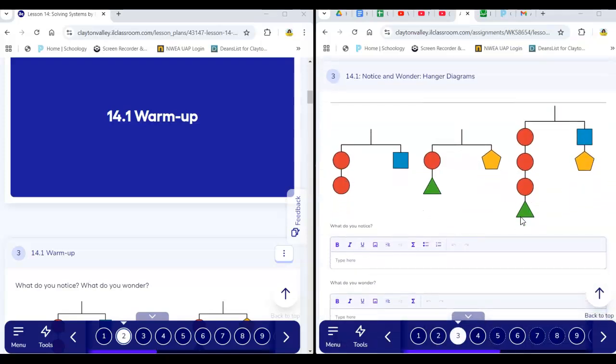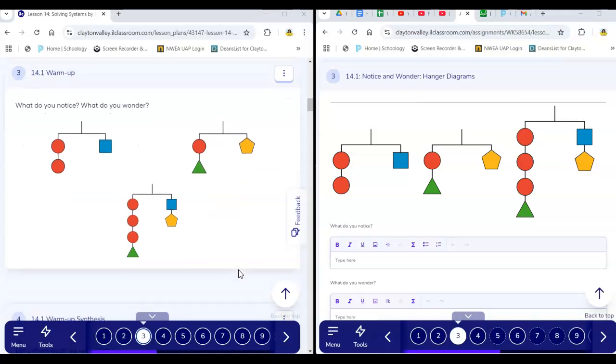Okay, so on the right screen, I've got the digital task statements. And on the left, I've got the actual lesson. Okay? So they're asking you, what do you notice and what do you wonder about this situation? So on the student task statements, you have two places that you can fill this out.